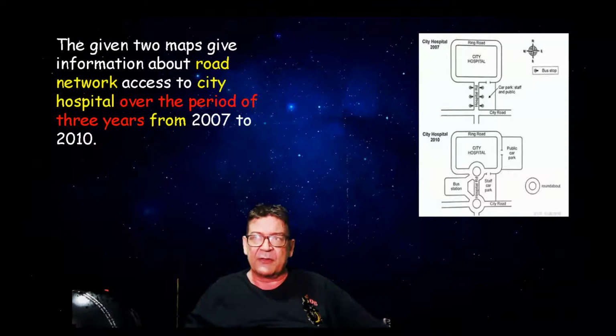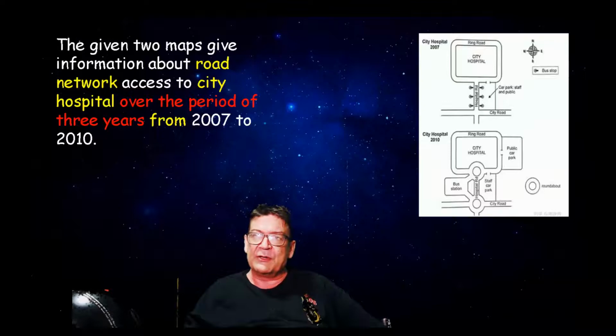Absent any other detail, I'm going to say that City Hospital is the name of the hospital, and since it's a proper name, it should be capitalized. Capitalization is part of spelling, and punctuation is part of grammar.